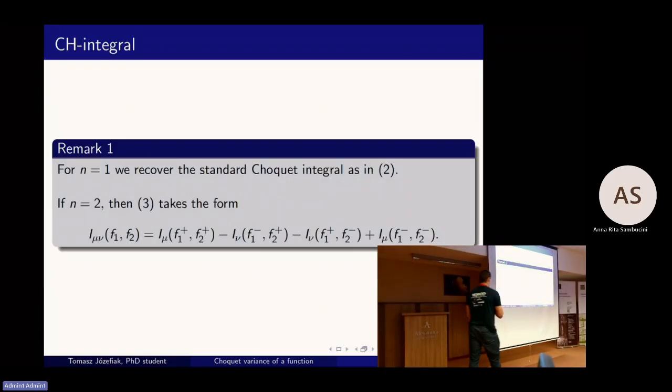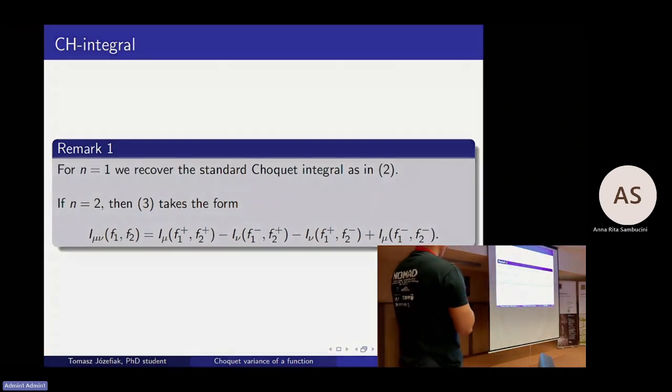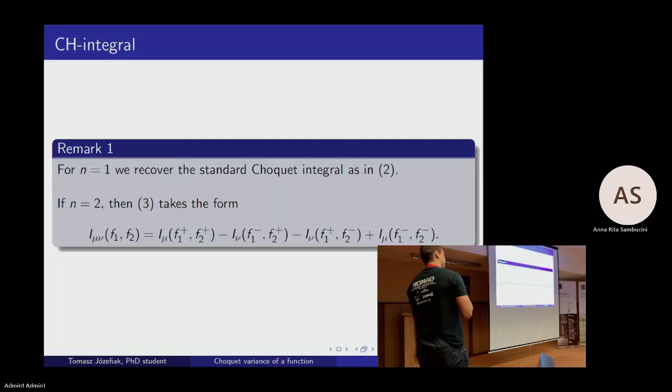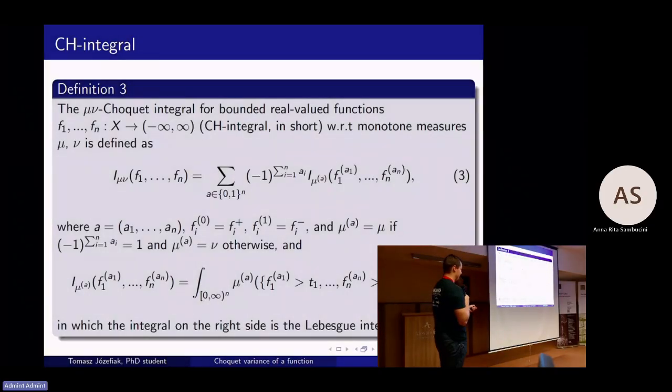What happens if n equals 2? This is what I meant by differently aggregating both positive and negative parts, where each component is derived from that formula.